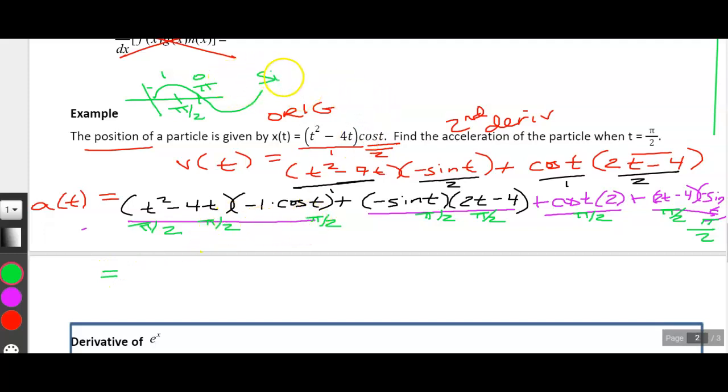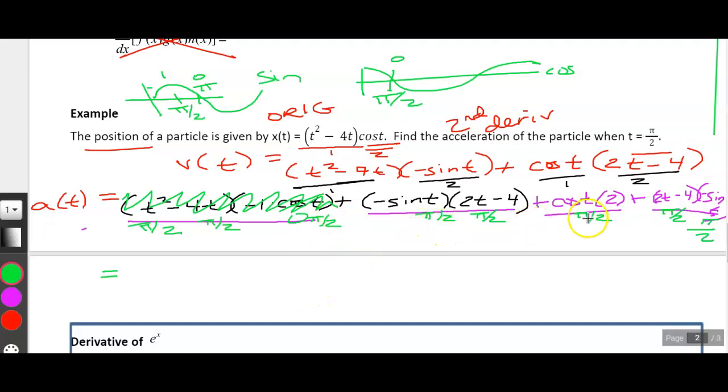So this is sine, and this is cosine. Pi over 2 is 0. So the cosine of pi over 2 is 0, and since all of that's being multiplied, that wipes all of that out. So let's find another one. Here's cosine. Cosine of pi over 2 is 0, so that wipes out that term. I can't wipe out these two. But if those are the same, it's really minus 2 sine, and then 2t minus 4.